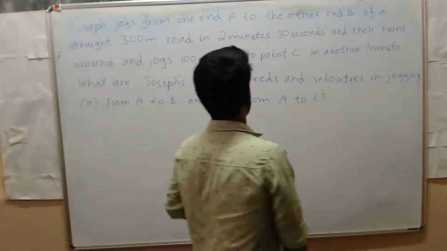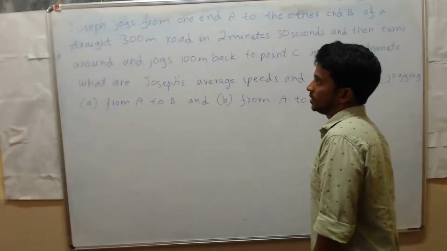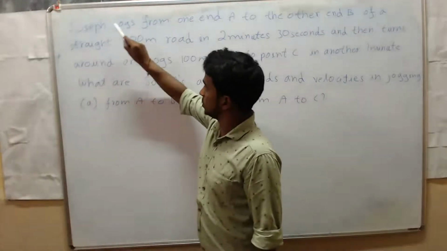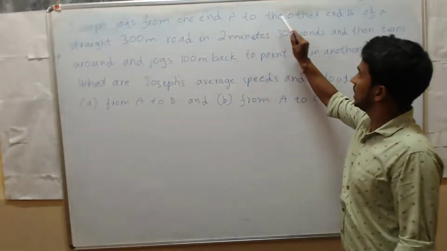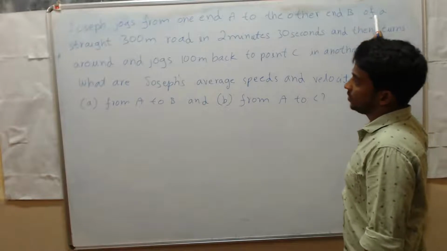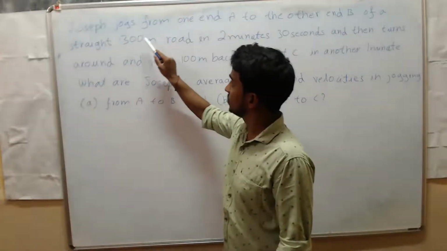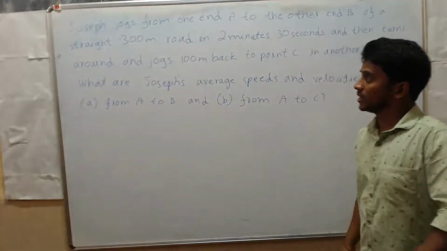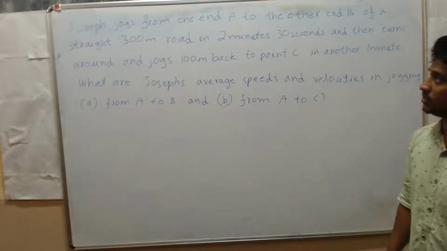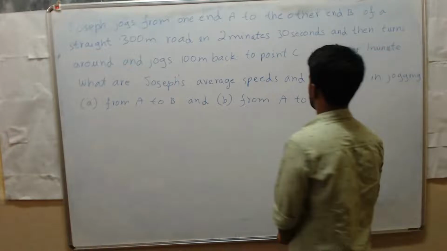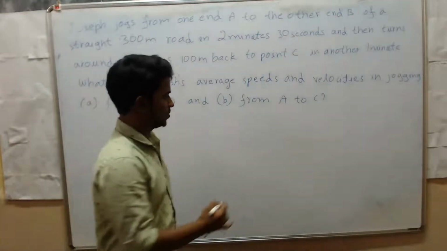See here. So now, here, Joseph jogs from one end A to the other end B of a straight 300 meter road. Okay. So here one road is there. Okay. So now just draw one rough diagram. Okay.